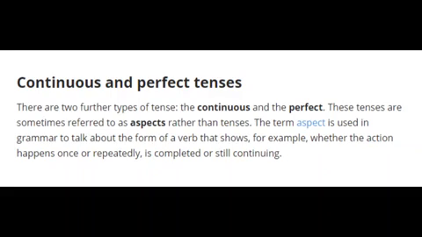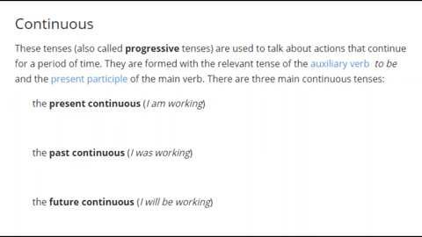So, I'm going to explain to you more about continuous and perfect tenses. So let's have a look here and let's see what are the uses of continuous and perfect tenses. Now we are in continuous tenses. Let's see what are the uses of continuous tenses and how and where we use them.